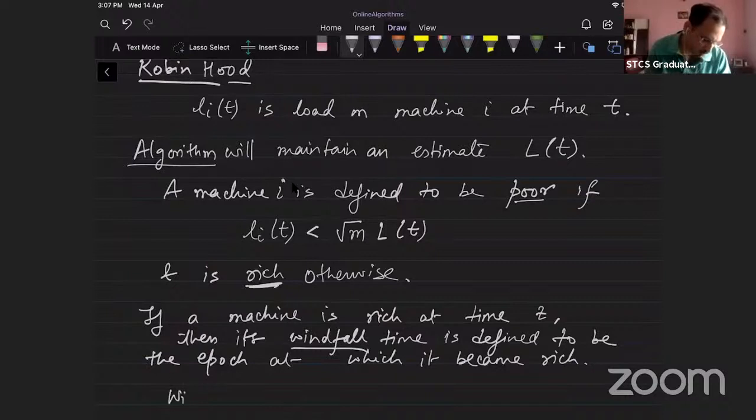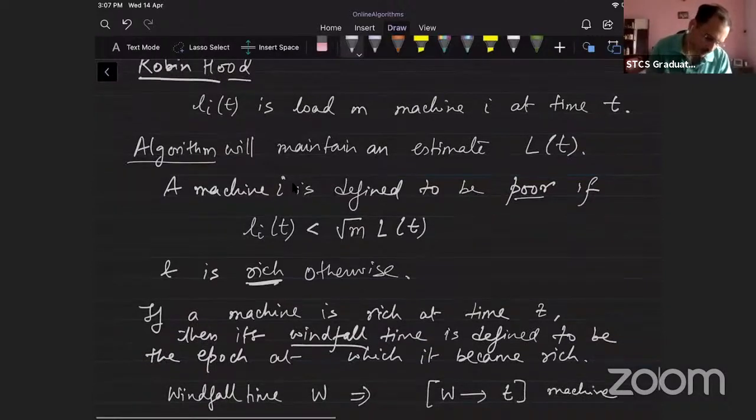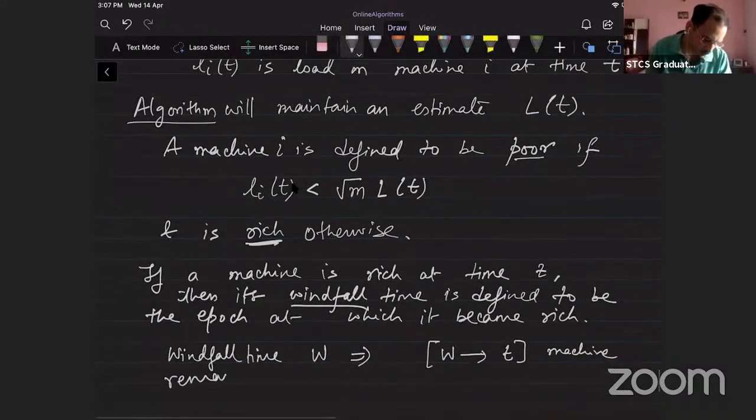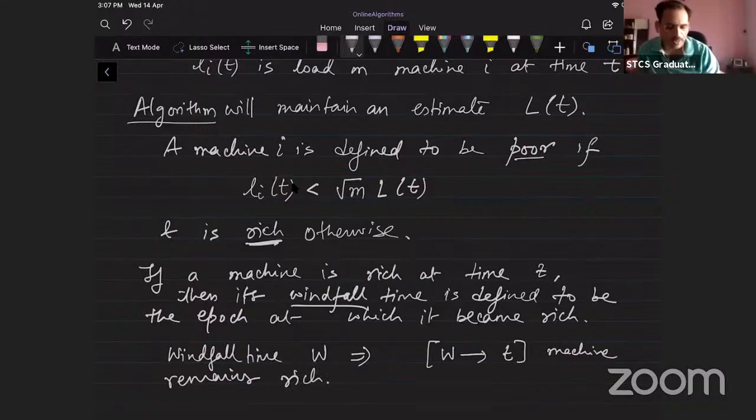So if the windfall time is, let's say, W, then between time W to t, the machine remains rich. Just before W, the machine was poor, it became rich at W, and thereafter until time t, the machine is rich throughout.